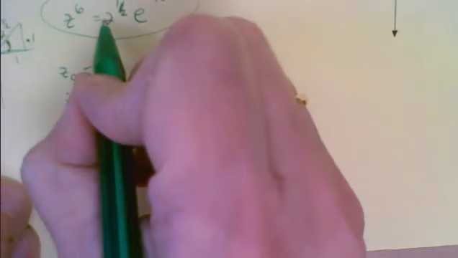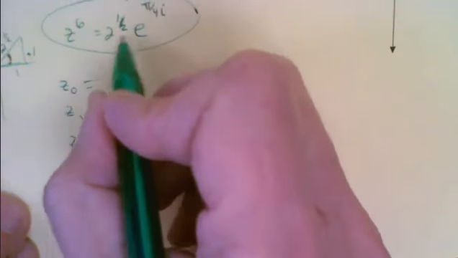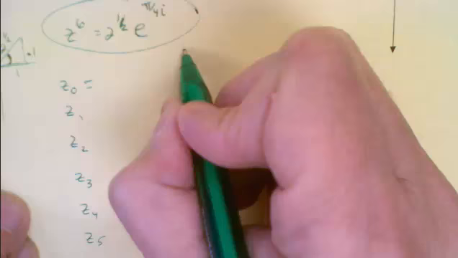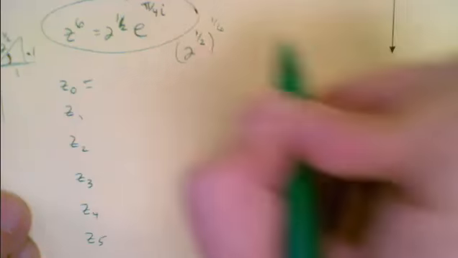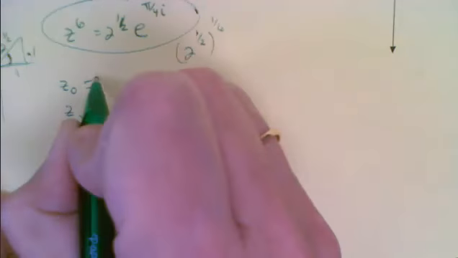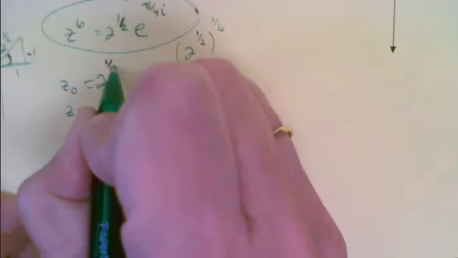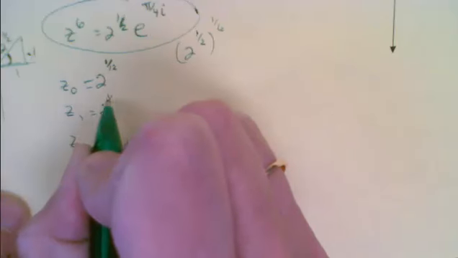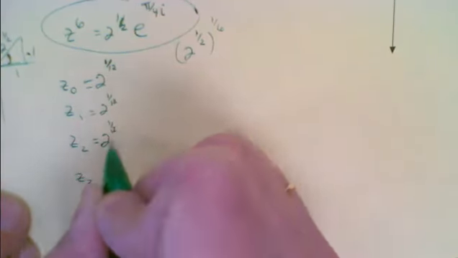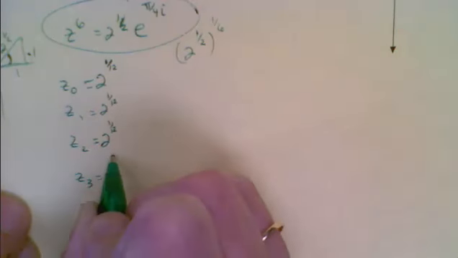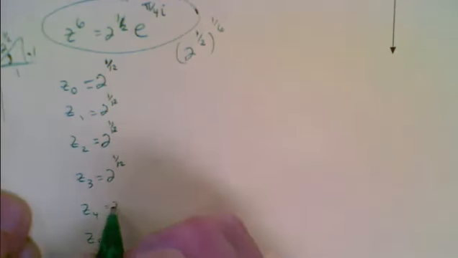My first one is going to be 2 to the 1/2, my original radius, raised to the 1/6 power. So if I have 2 to the 1/2, I'm going to raise it to the 1/6. I'm going to get 2 to the 1/12 power, or the 12th root of 2. So all of these have the same radius, the 12th root of 2, or 2 to the 1/12.